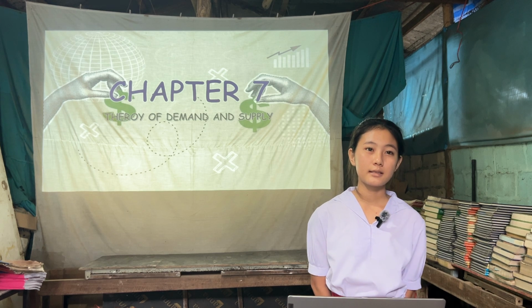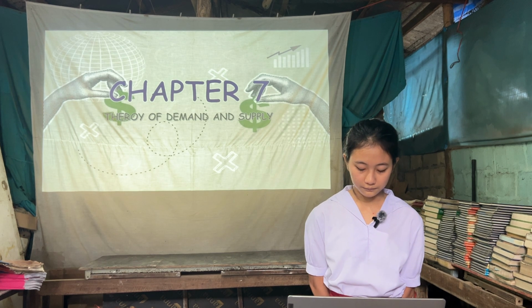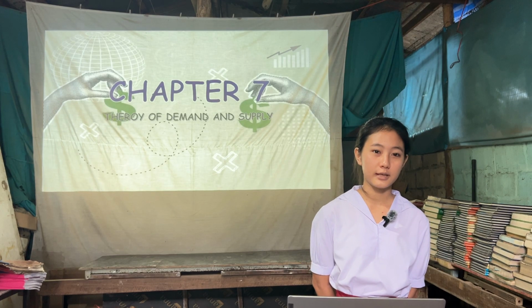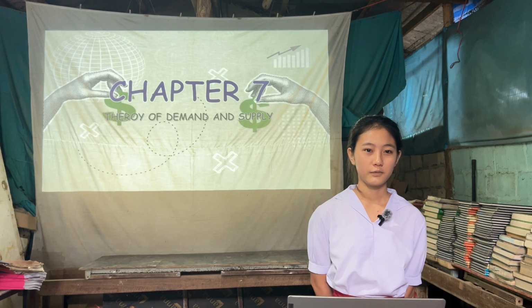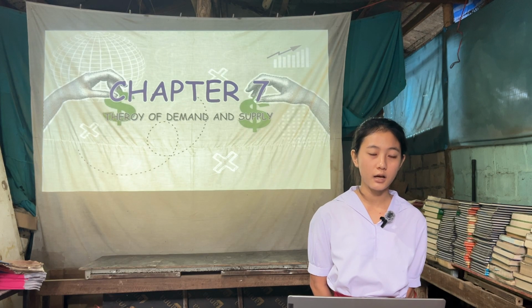Demand is what customers want to buy, and the supply is what producers want to sell. Together, they determine the price and quantity of goods.